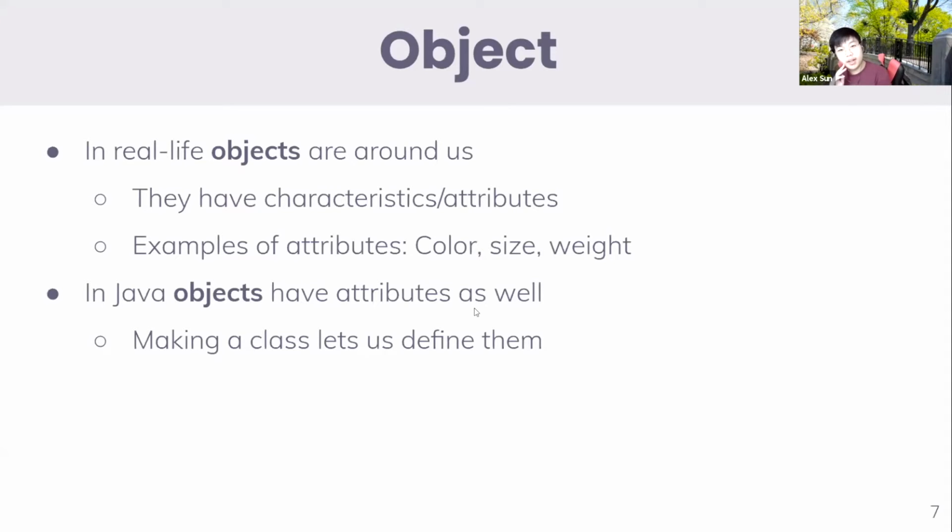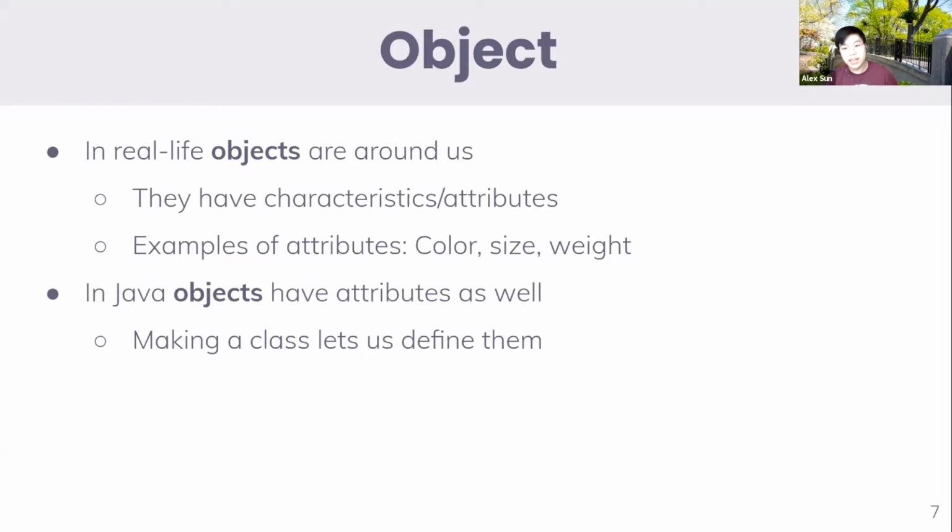So what is an object? I've been saying this word a lot today, but what is an object? In real life, objects are around us. I have my mouse, my computer screen, my webcam. These are all objects. But what do I mean in Java? Things in real life have different characteristics.